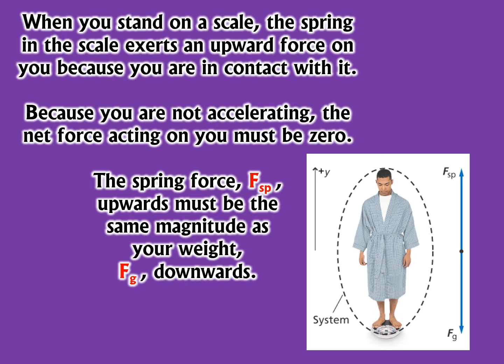That's why we wait a second after we get on a scale before we read off the weight, because you have to get to the point where you're not moving, not accelerating at least. So the spring has to push up with the same force that he's pushing down, and they can measure that, and that's really what you're getting on the spring. You're actually getting a measurement of the spring force pushing upward, which is exactly opposite but equal to the gravitational force, which is your weight pushing downward.